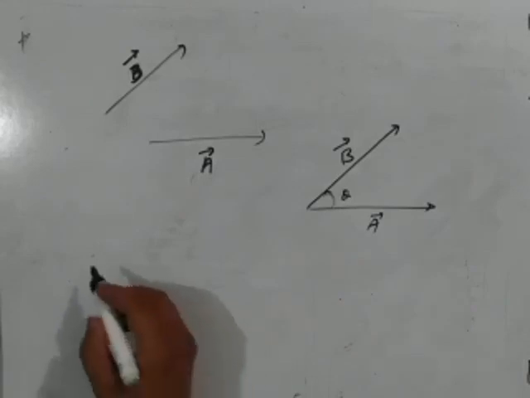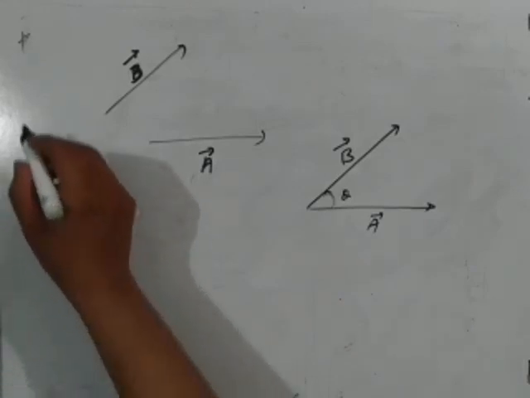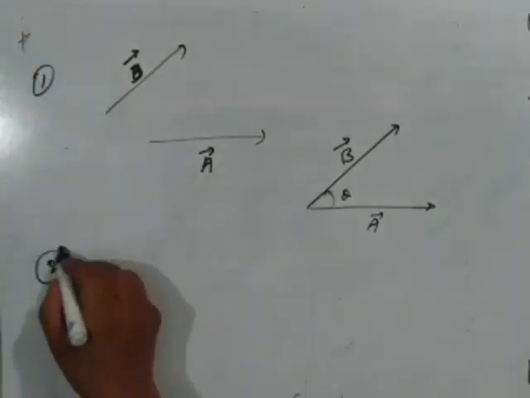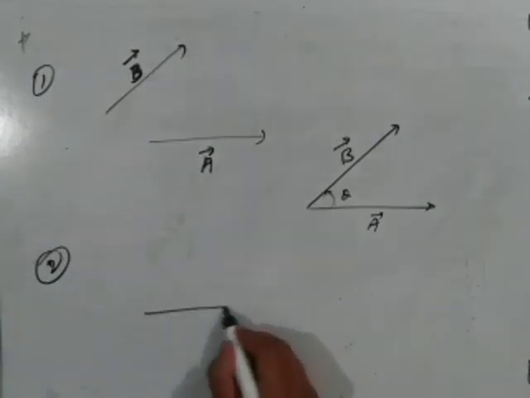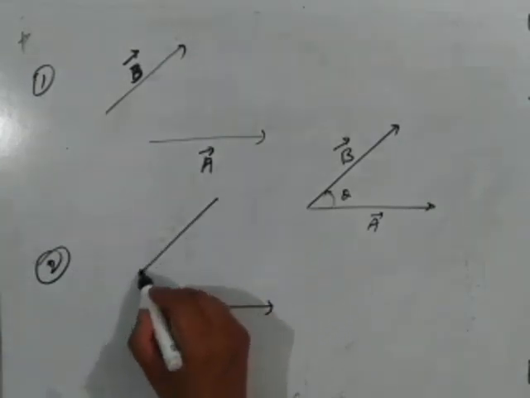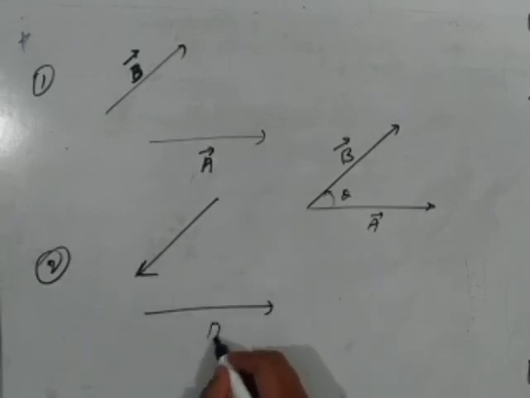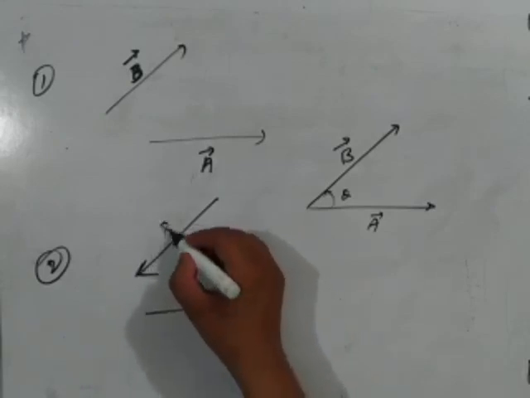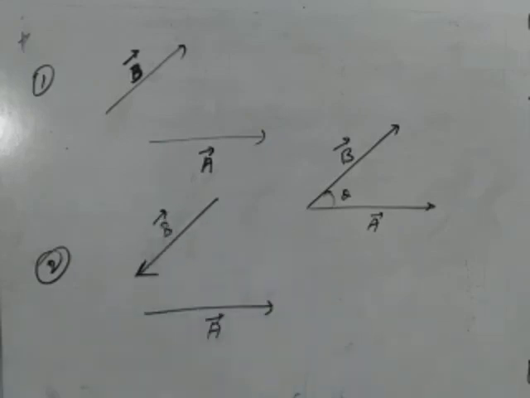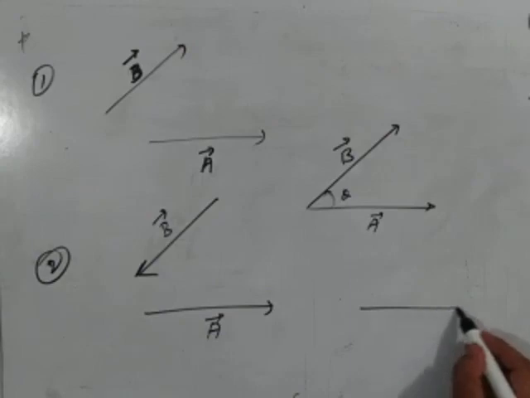If the two vectors are such that, then again we will place with the same method.